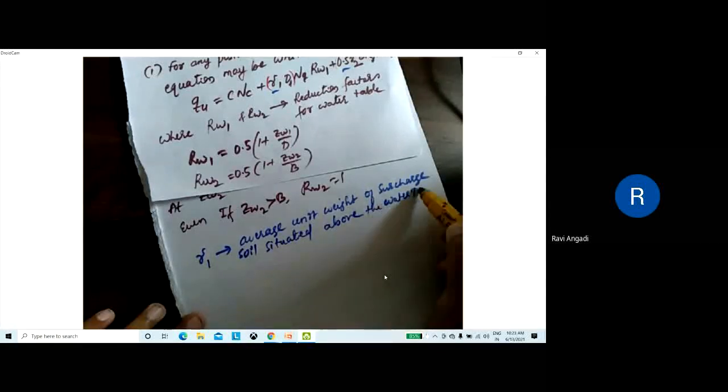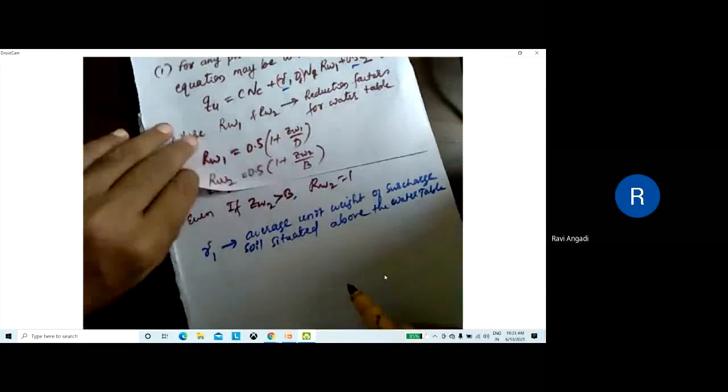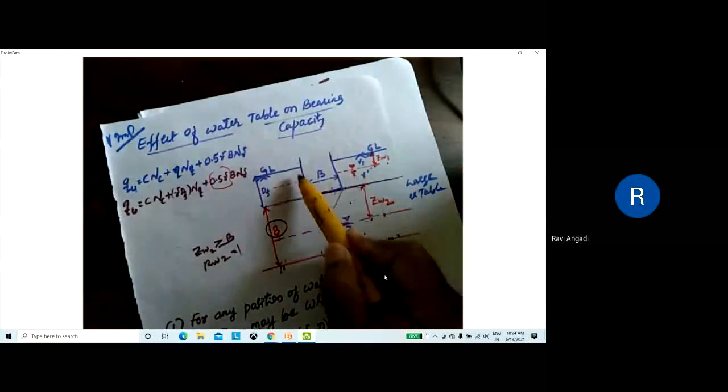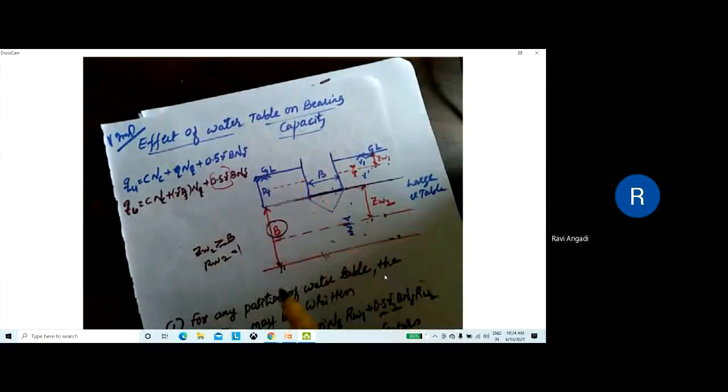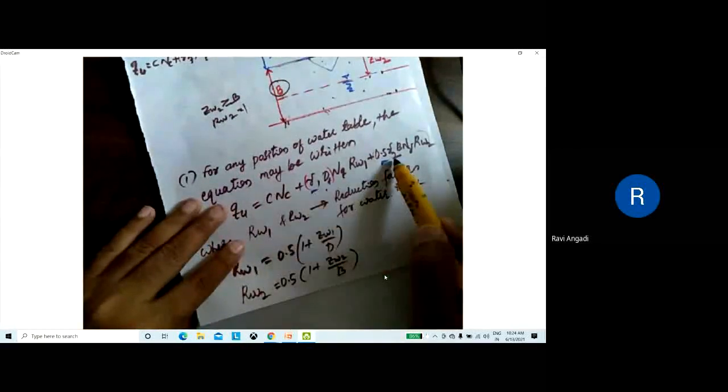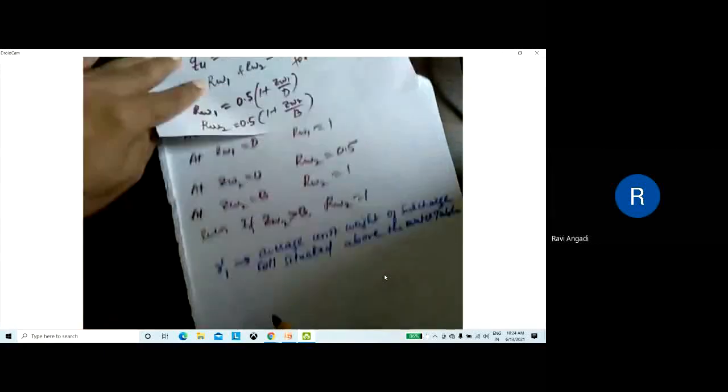Surcharge soil means whatever soil is present here, that weight is to be taken. Above the water table, gamma 1 is to be taken into account in this first term. In the second term, the submerged weight is to be taken.